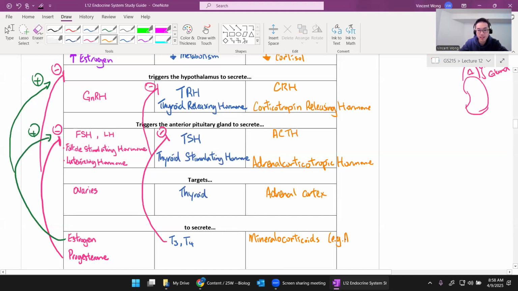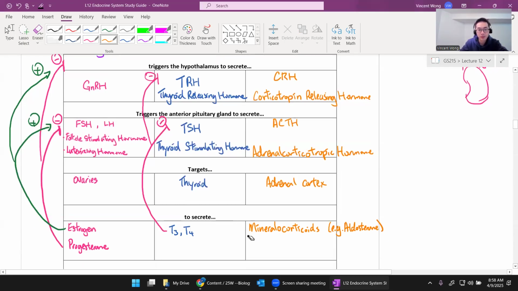The main one is aldosterone. So again, this helps you conserve important minerals, sodium, ions, that kind of stuff. And then the other one is glucocorticoids. And the main one is cortisol.